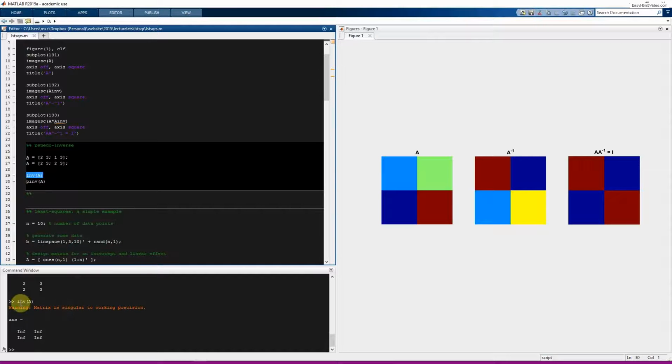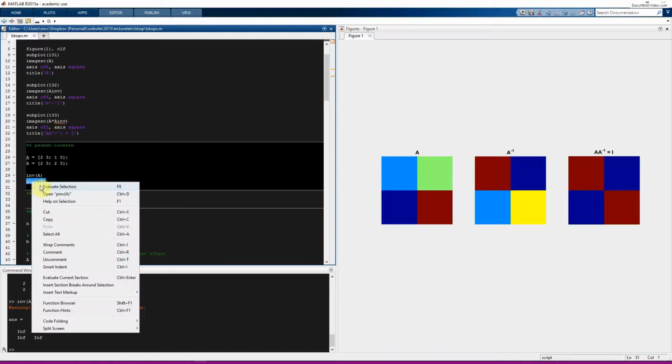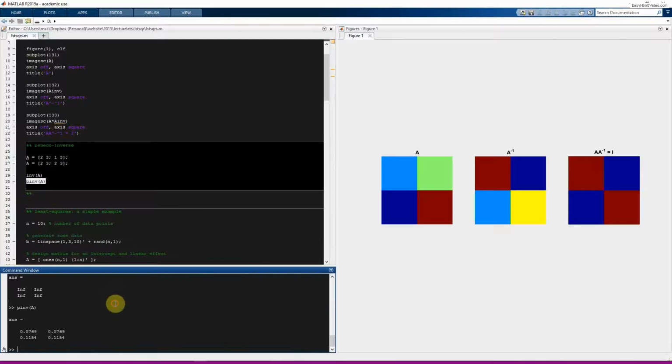And if you try to invert it, you'll get this warning that the matrix is singular, so the matrix cannot be inverted. However, MATLAB can produce something called the pseudo-inverse. Now we can see that pseudo-inverse times A, you expect this to be the identity matrix, but it's not. In fact, this is as close to the identity matrix as you can get, given that A is a reduced rank, a bit of an ugly matrix.